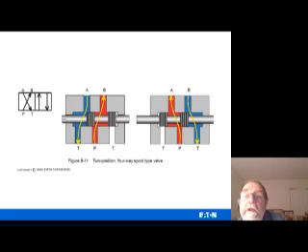The tank goes to A, and the pump goes to B. So depending on how they're hooked up to the actuators, you're either moving the actuator in or out. And in the other direction, the pump is going to port A and the tank is going to port B.